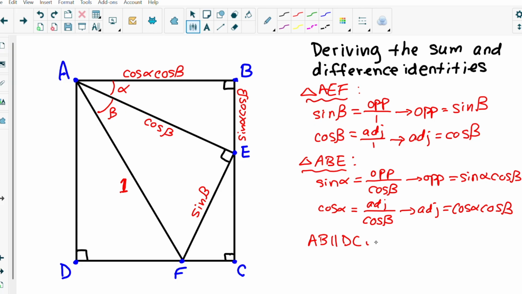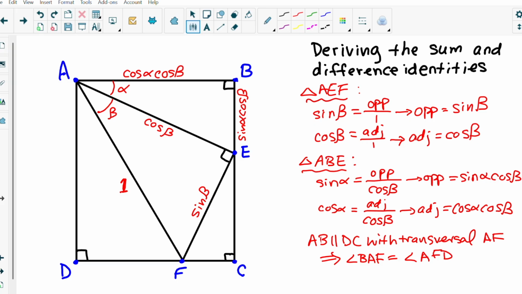with transversal AF. That tells me angle BAF equals angle AFD.